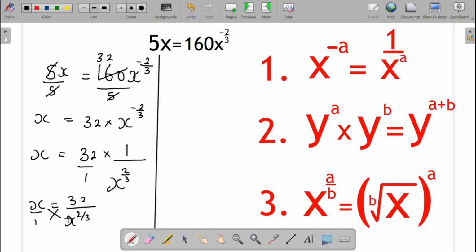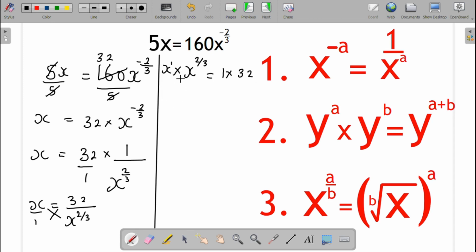Once you cross multiply, x will multiply x raised to power 2 over 3. So that will be x times x raised to power 2 over 3 is equal to 1 times 32. Now, the power of x right here is 1, right?